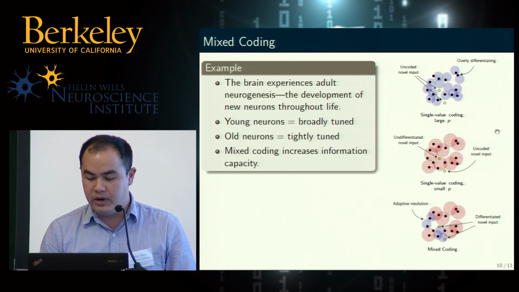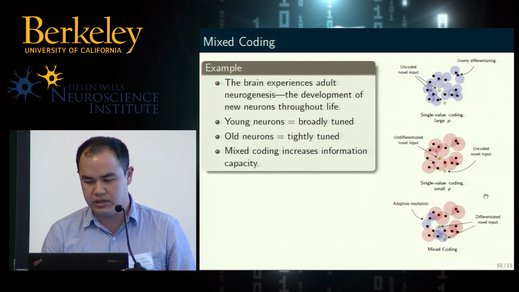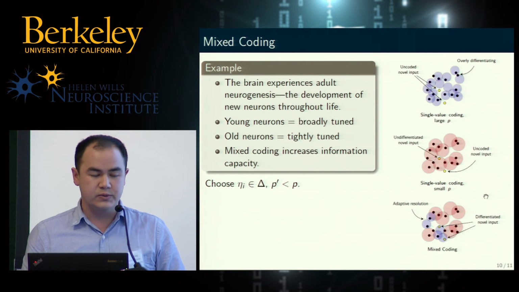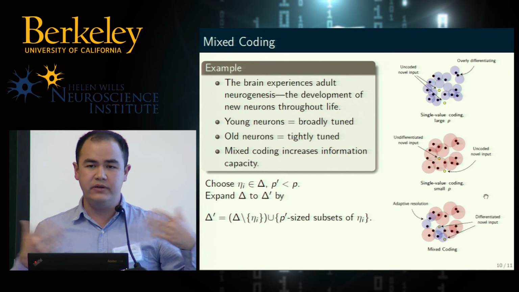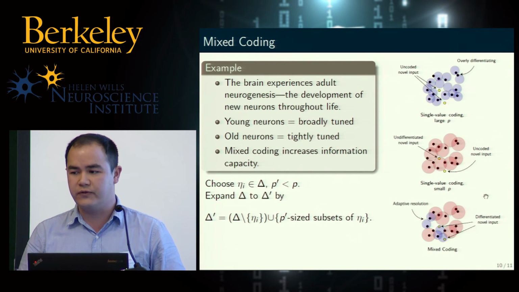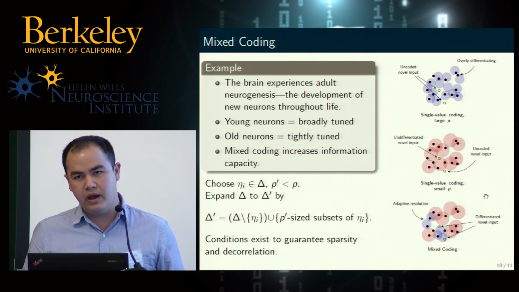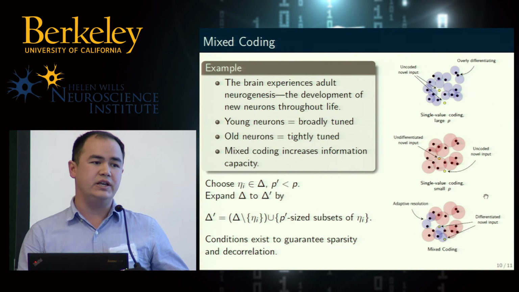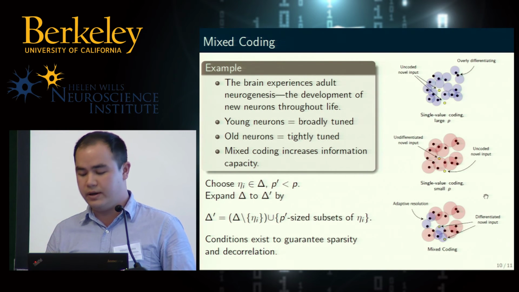But by having a mixture of large and smaller receptive fields, you can adapt to the information as it happens, and we can incorporate this into the model. Namely, we take one of the entries in our delta, one of the A to I, and replace it with subdivisions of that subset. So we're further subdividing our previous entries. The details are technical, so I didn't include them, but you can provide conditions that still guarantee the increase in sparsity and the decorrelation that we want.